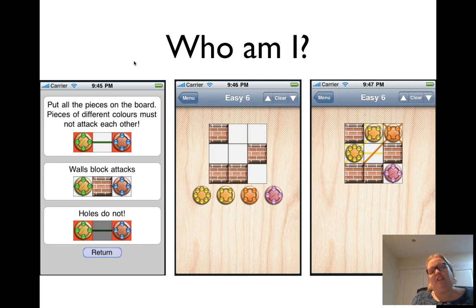So this is a level that the computer thought was quite easy to play, but it thought it should be about the 6th level along in the game. It's a game called Combination, and it just gives you an idea of the sort of background I have and the sort of things I know how to do. So I know how to program touchscreen games, I know how to program things that actually work into the iTunes store and are sold commercially, and I know a lot about the AI of games.